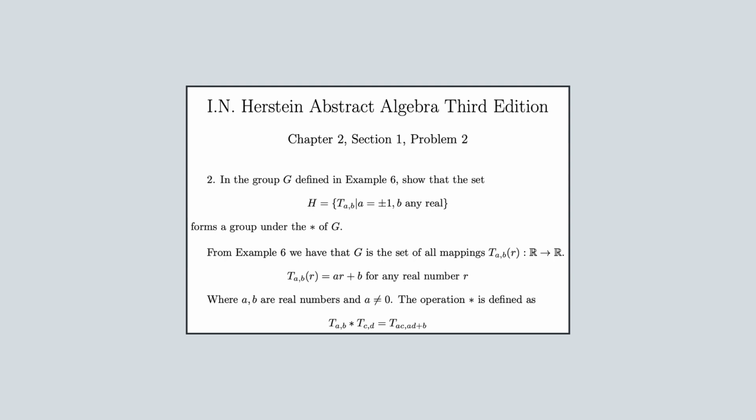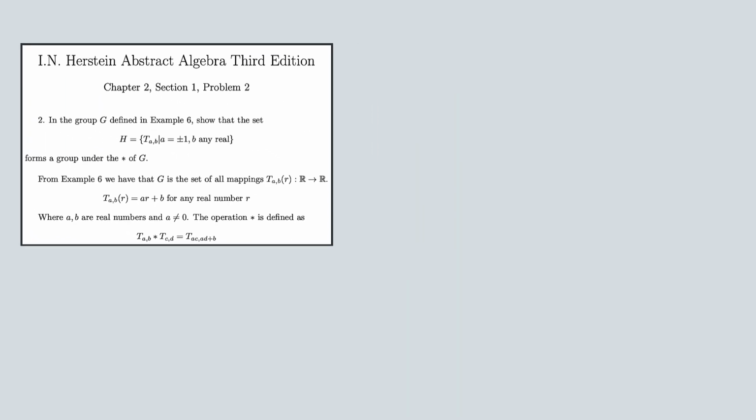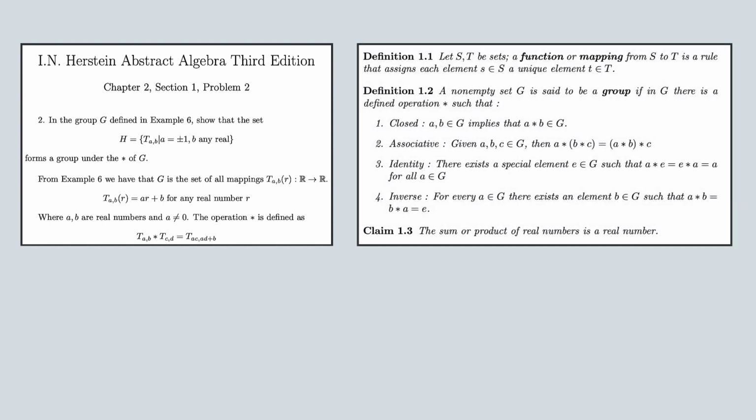Before we even look at the operation star, we need to make sure we understand what this set is. What does an element of G look like? In order to do that, just look at what it says. It's a set of mappings. So an element of G should be a mapping. And remember that a mapping is a rule that assigns an element from R to a unique element.